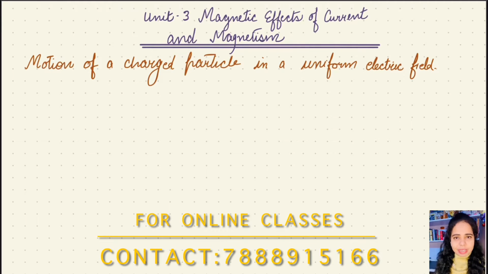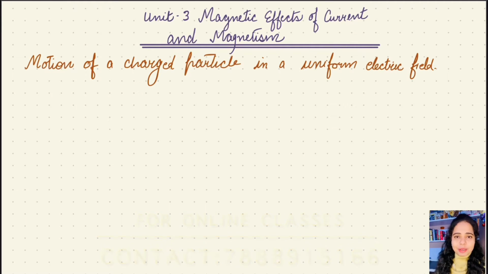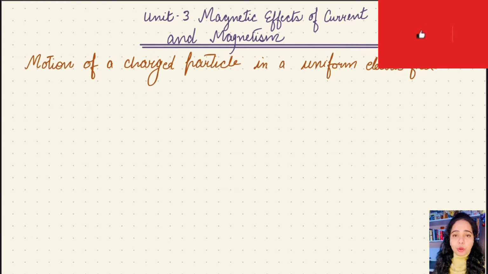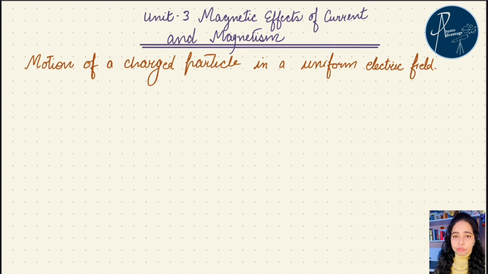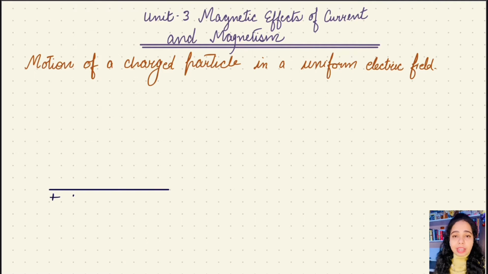This is Unit 3, Magnetic Effects of Current and Magnetism, for class 12th, and today we are going to determine the motion of a charged particle when it enters a region of uniform electric field. First of all, let us consider a uniform electric field acting along the y-axis, such that the charged particle, having a charge q and mass m, enters this region with velocity v such that its direction of motion is along the x-axis.